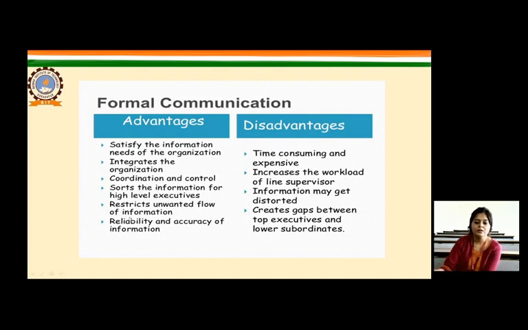Then we have third, it supplies information for high level executives. Suppose the management wants to get an update regarding what is happening in the organization. He might ask for a report from the assistant manager regarding a particular team, maybe the product development team.